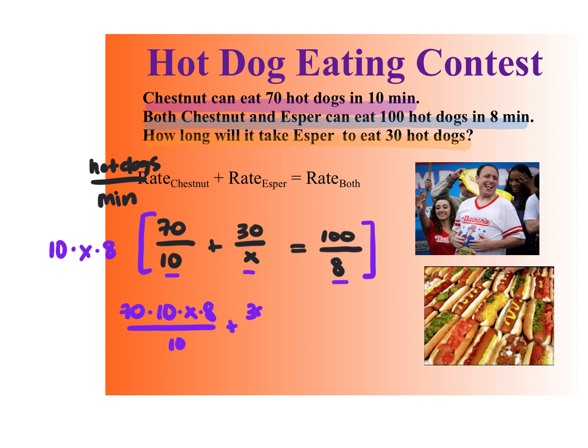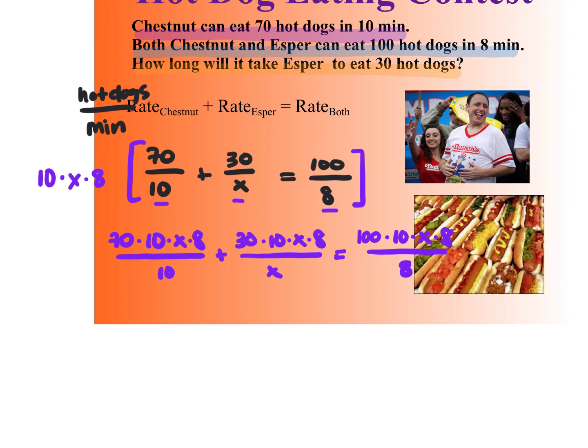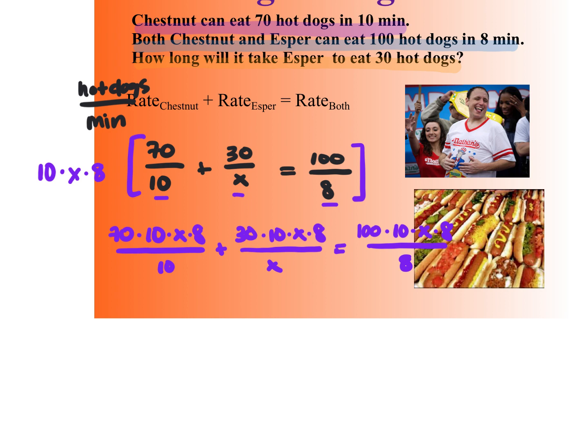In the second term, we're going to have 30 times 10 times x times 8 all over x. And in the last term on the right side, we're going to go 100 times 10 times x times 8 all over 8.